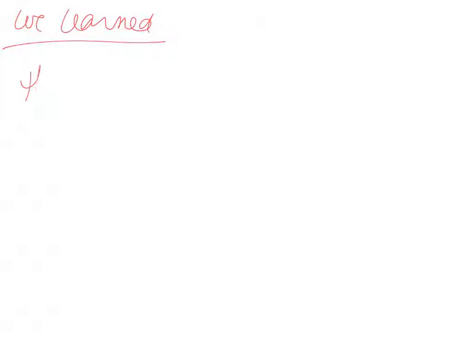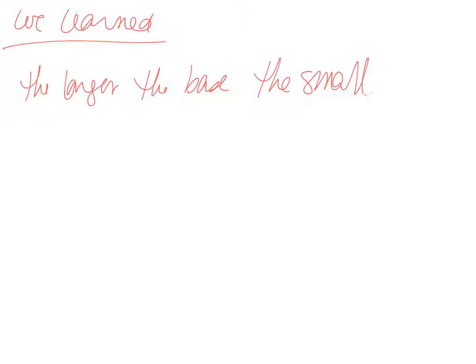The larger the base, so our bases go from 2 to 16 in this problem, and we did 2 and 5. I probably should have picked a higher number. So the larger the base, the smaller the solution. Let's rewrite that.